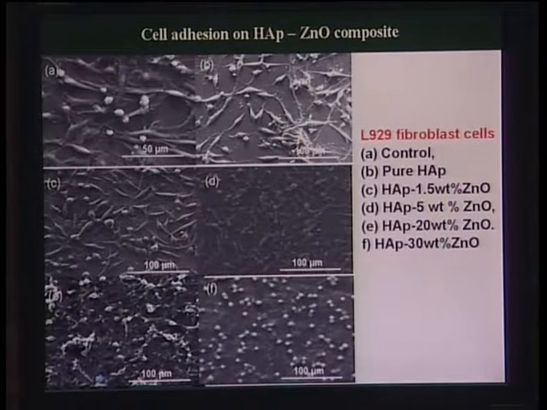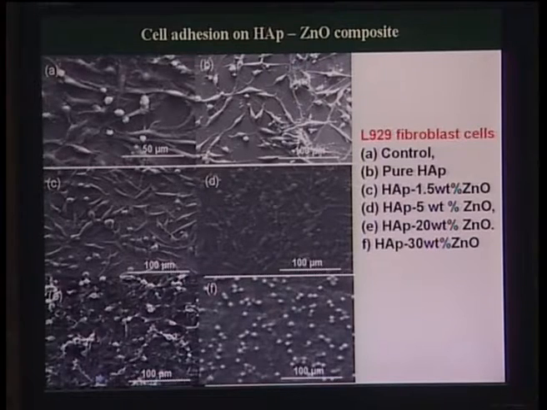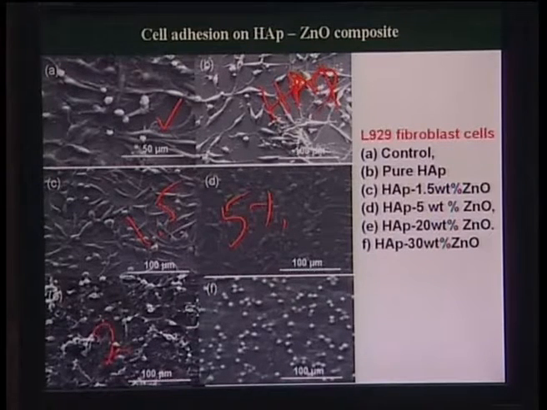Now the problem is with the zinc oxide content, that is the cellular adhesion or cell fate processes which take place on this HAP zinc oxide composite. What you notice here is that this is the control disk, this is pure HAP, this is 1.5% zinc oxide, this is 5% zinc oxide, this is 20% zinc oxide, and this is 30% zinc oxide.